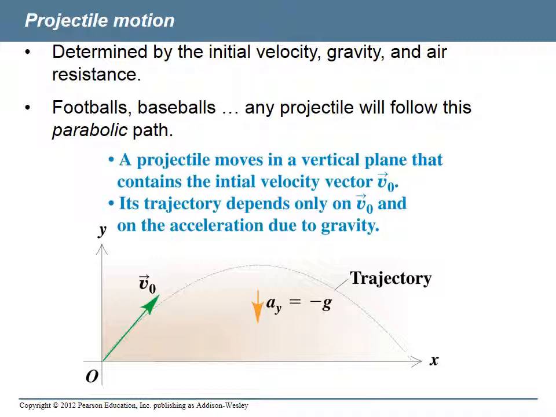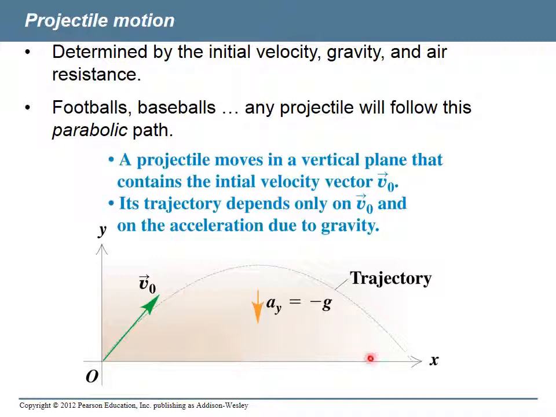Shoot a basketball, etc. The path is parabolic, which is important. It makes calculations a lot easier. It'll save you time on your exams if you understand that the path is parabolic, meaning the high point is right here in the middle.